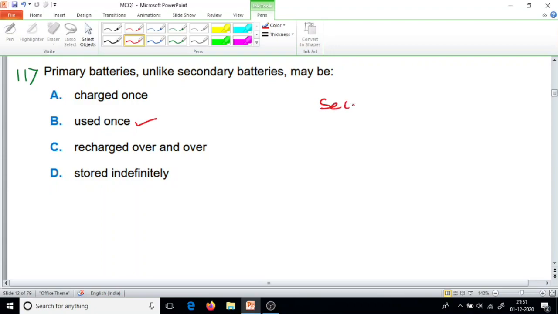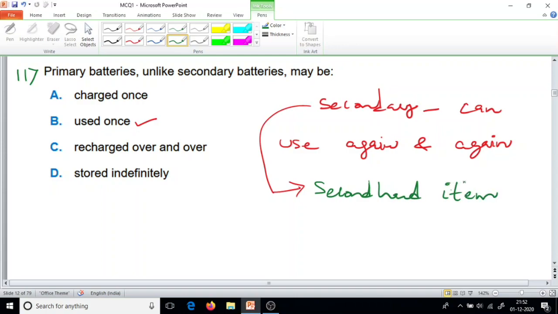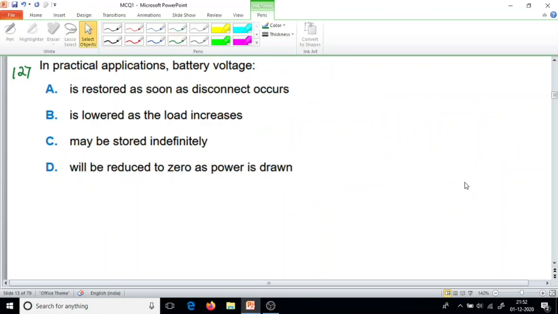But secondary batteries you can use again and again, like a second hand item. Secondary batteries are reusable.